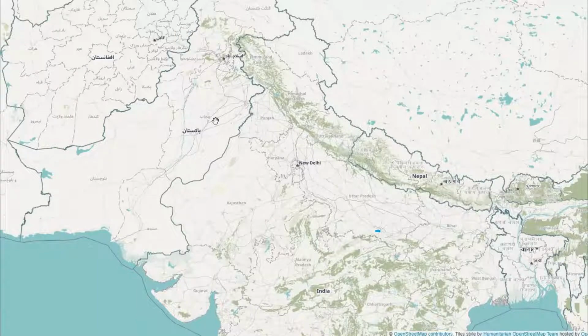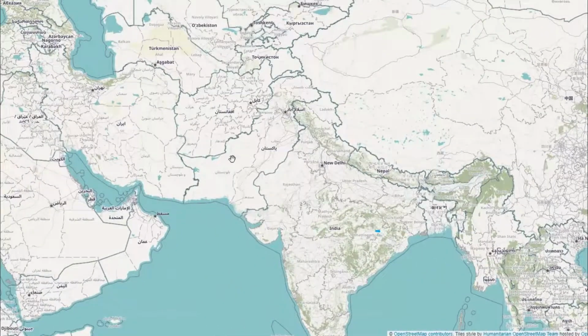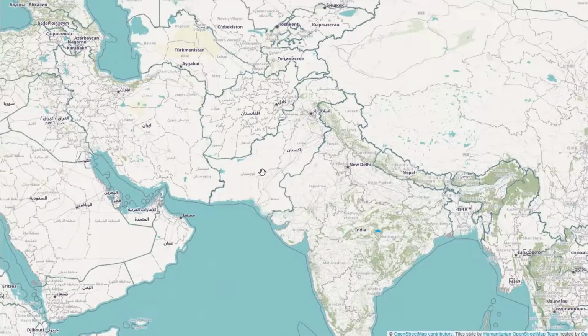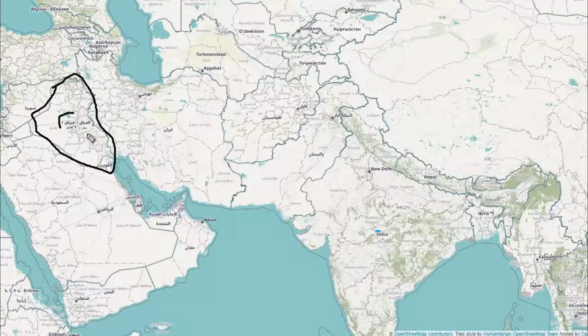And before we end, there's something more that I would like to show on similar lines. Next to Pakistan over here, this is Afghanistan, this is Iran, and on the left side of Iran, this area that you see, I'll just mark it. Okay, so this region that you see over here is Iraq.